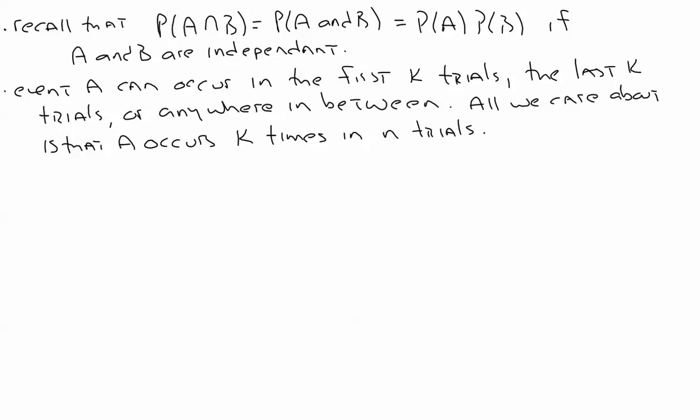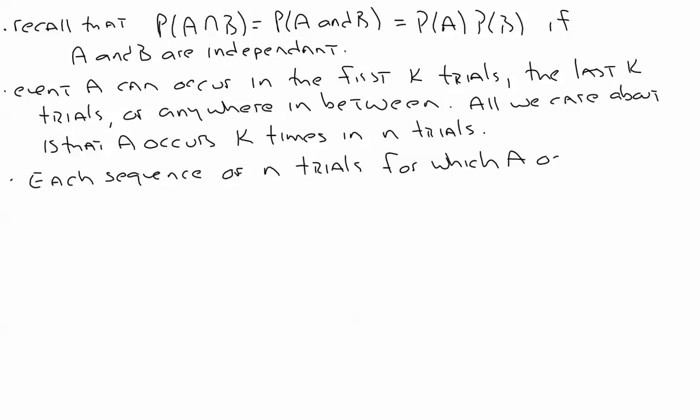Another thing to keep in mind is each sequence of N trials for which A occurs K times are equally probable.